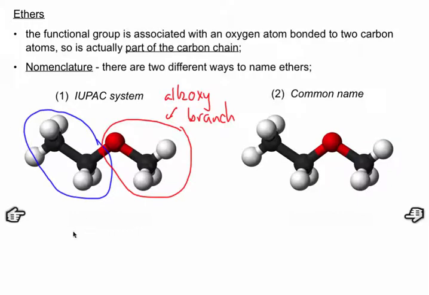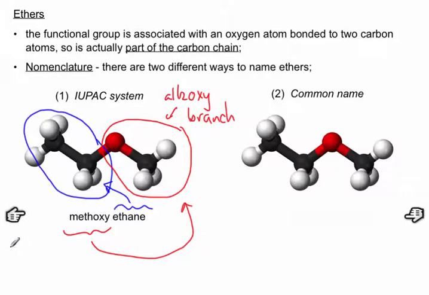And so the name then becomes methoxyethane. The methoxy component comes from this branch, and the ethane component is just the longer of the chains. In this case, there were two carbons attached to the oxygen, so that becomes the ethane component. So that's the IUPAC system, where you have an alkane attached to an alkoxy branch, and the alkoxy branch becomes a prefix.